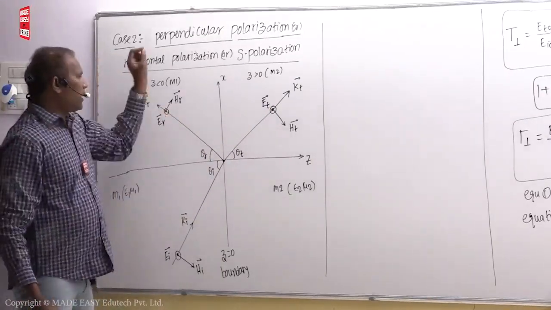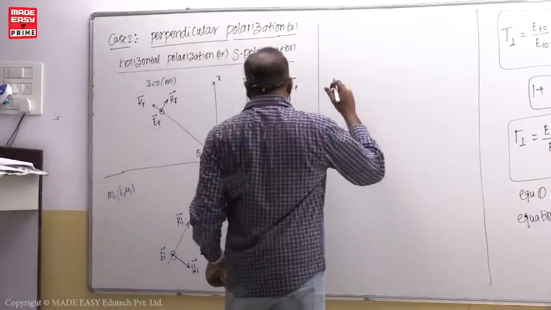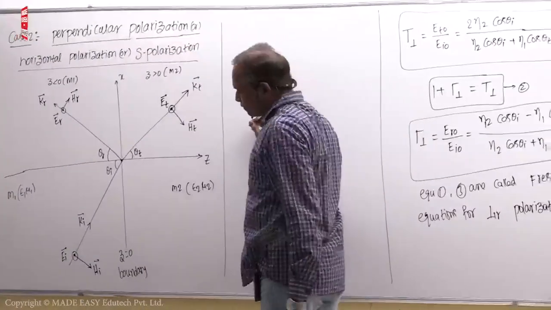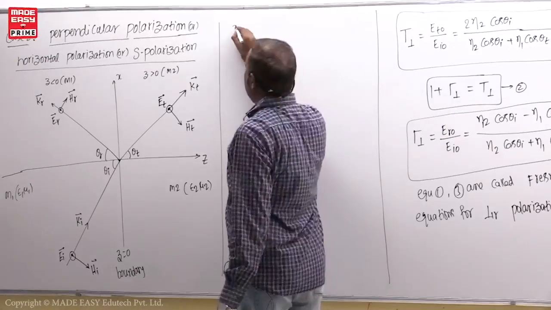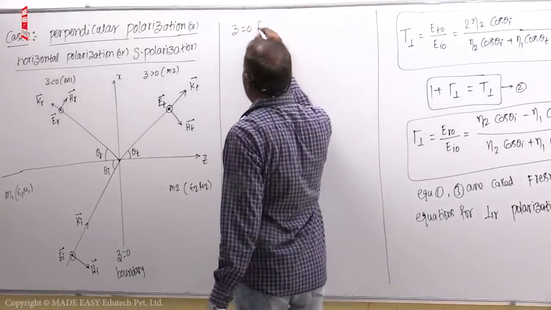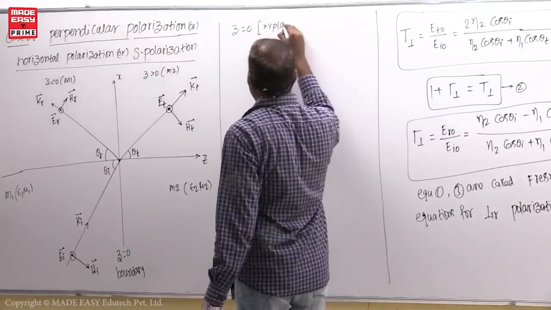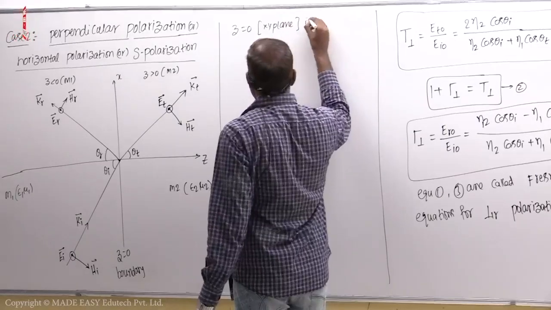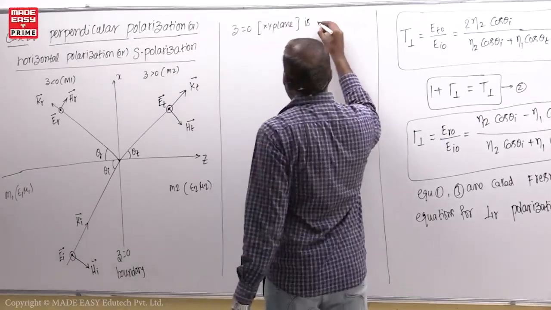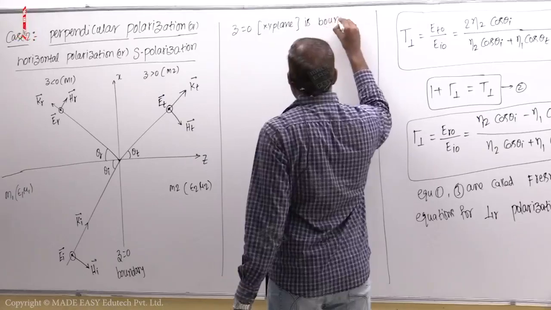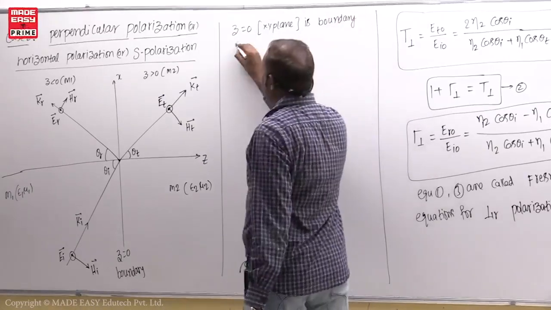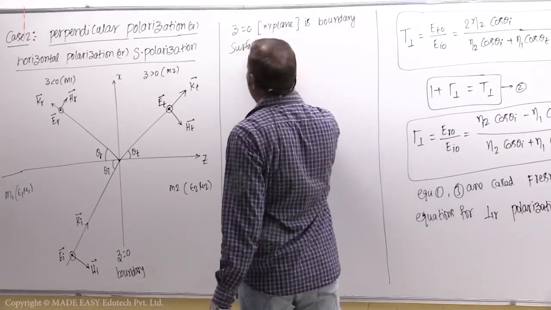Now here I am writing, dear friends, Z is equal to 0. That means the XY plane is the boundary surface.